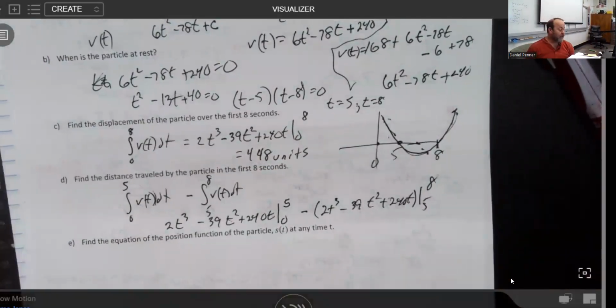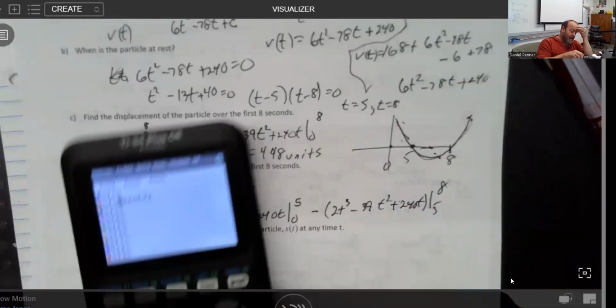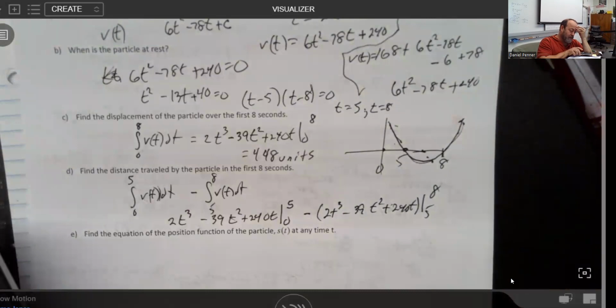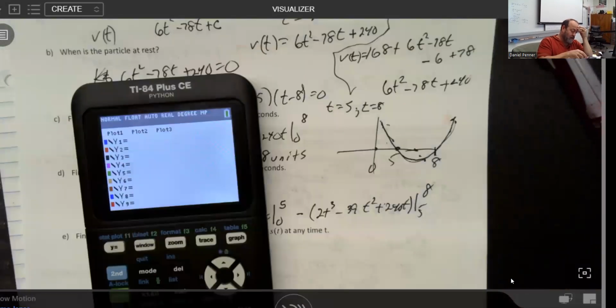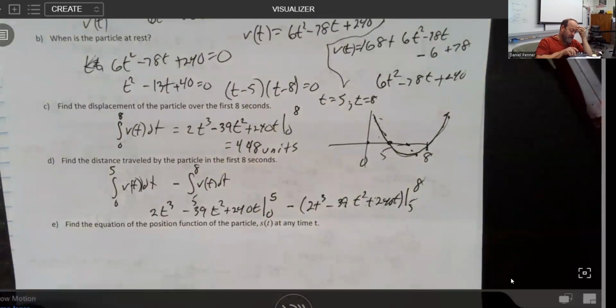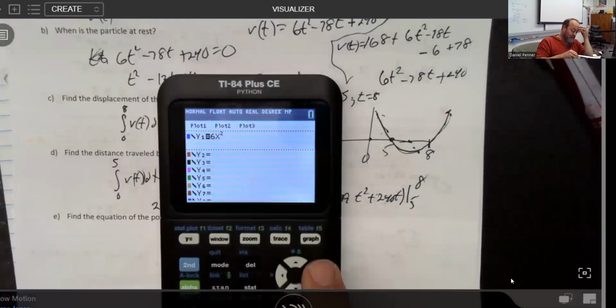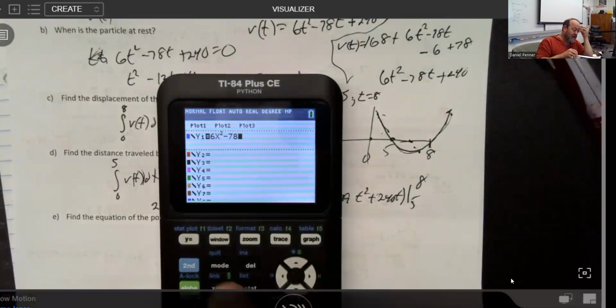Now, really quick, I'm going to go ahead and do that on a calculator off to the side because I want to save a little bit of time. So I'm going to type in my problem. I want to make sure I do v correctly. So it was 6t squared minus 78t plus 240.